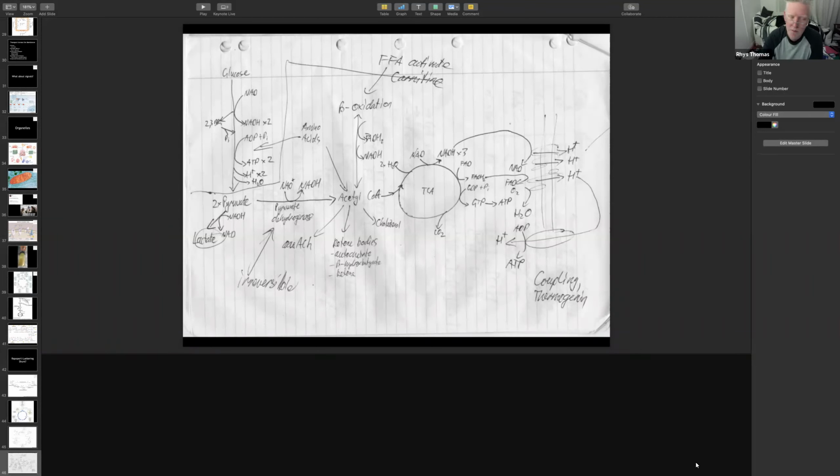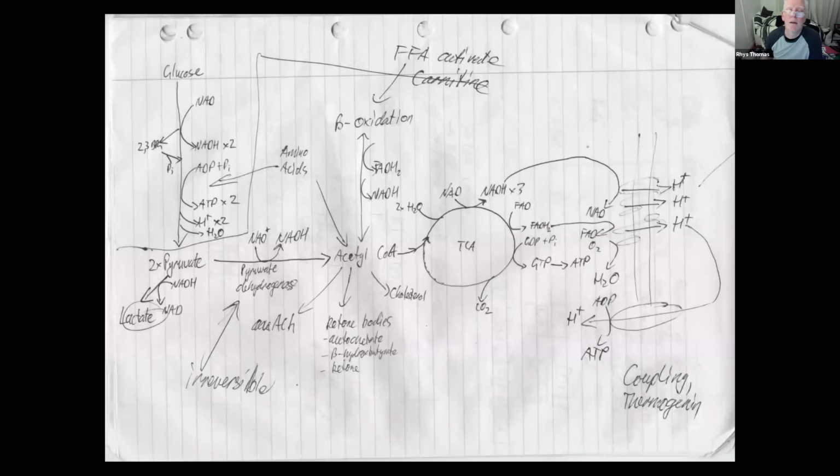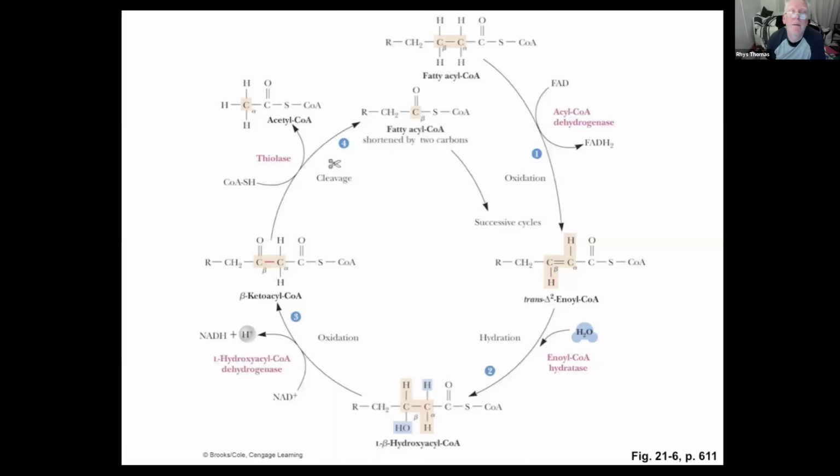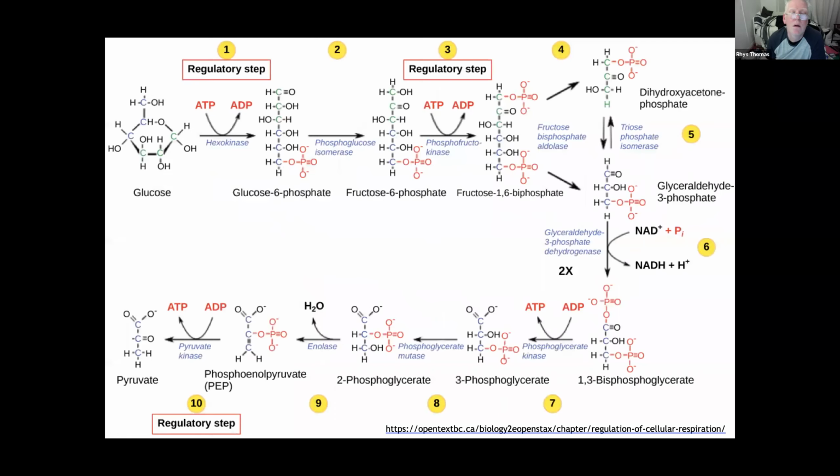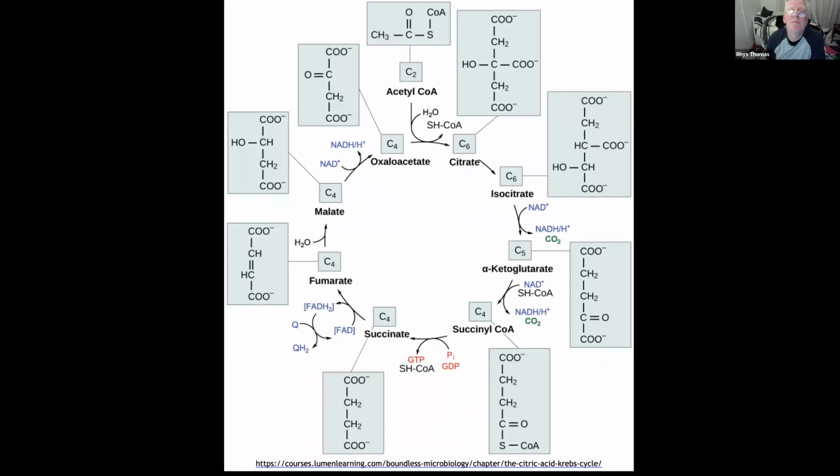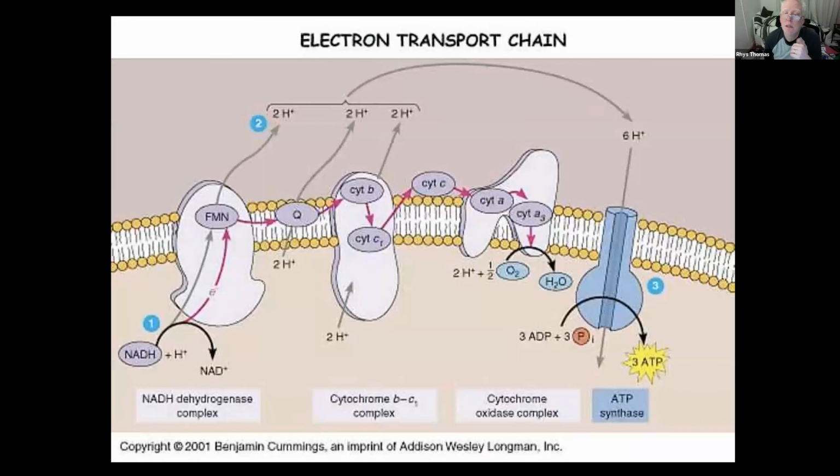So if we go back, yes, the Krebs cycle is based on acetyl-CoA. It is started by acetyl-CoA, and it does produce some ATP. But the problem is that because you've run out of oxygen, effectively, this isn't working.